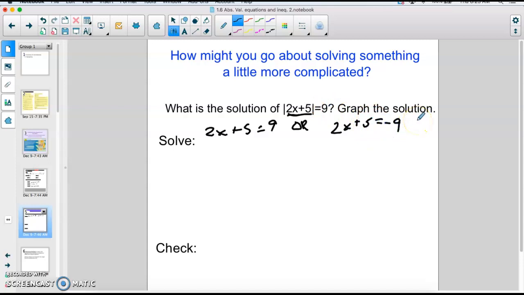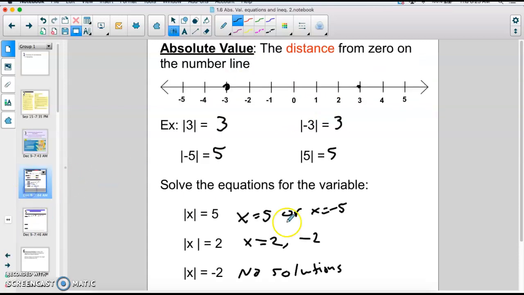Now, yes, I acknowledge I just said absolute values cannot result in a negative number. I get that. But for this case, we need to have a positive answer and a negative answer so that we can play both scenarios within the absolute value signs. Don't confuse it with what I said right here. It's a different thing.